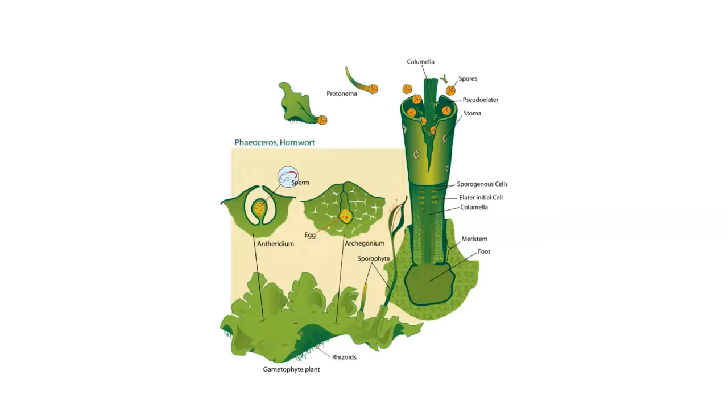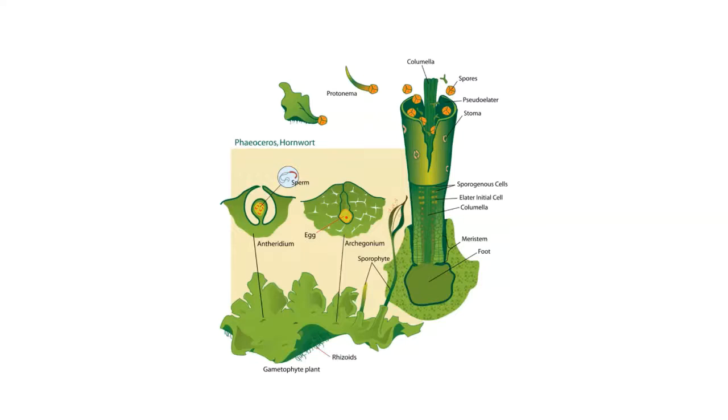Gametophyte possesses reproductive organs, antheridium and archegonium. They produce their gametes respectively, antherozoid and egg. They fuse together to form the zygote. The zygote develops into a new sporophyte.